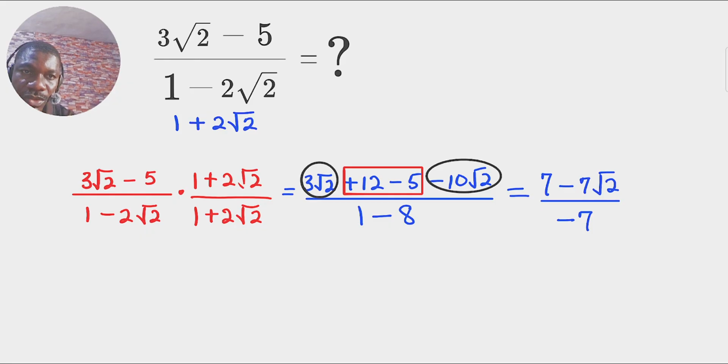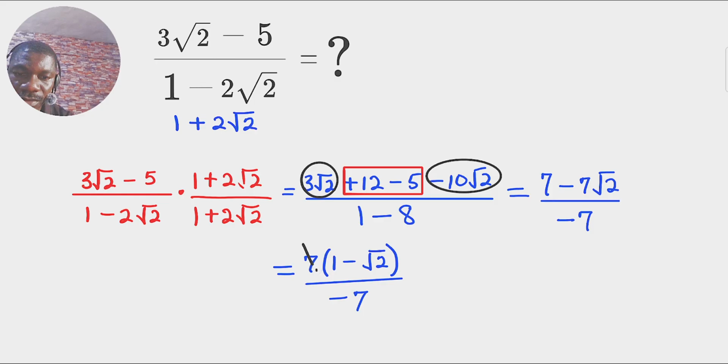Now you can see that from the numerator here that we have a common term, both the numerator and the denominator, which is 7, right? So let us just factor out 7, and when we do that, we end up having 7 times 1 minus root 2, then all over negative 7. And when we clear off 7 from both the numerator and the denominator, then we have negative.